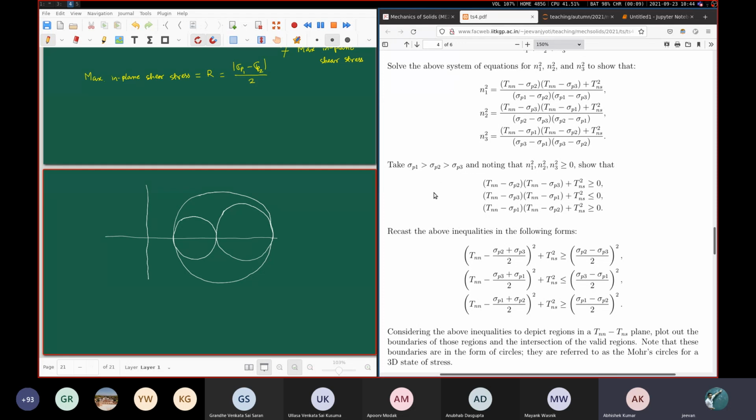Now what we do is, in order to make our life a little bit easier and organized, we arrange the principal stresses in decreasing order. Okay, without any loss of generality, we can do that.